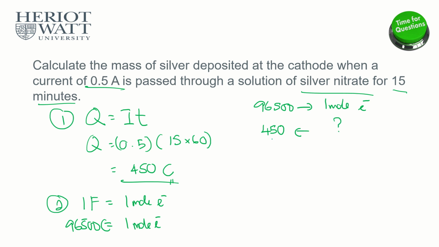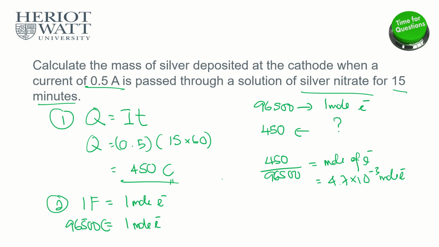So solving the equation, it's 450 over 96500 equals the moles of electrons, which equals 4.7 times 10 to the power of negative 3. That's the moles of electrons.